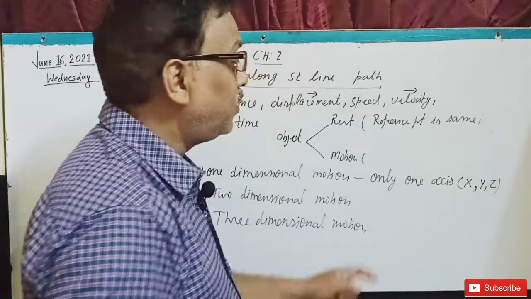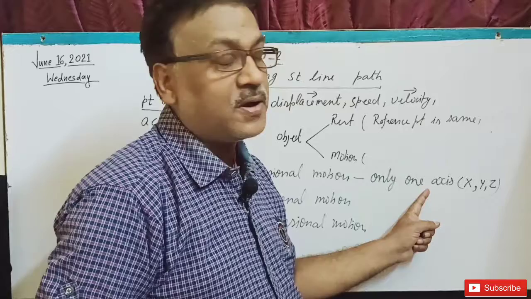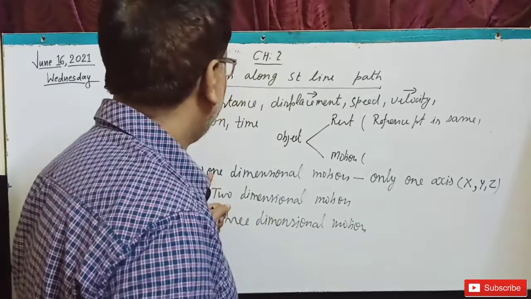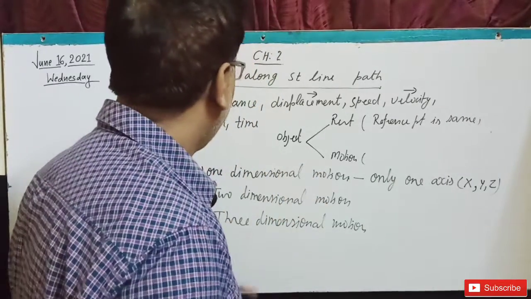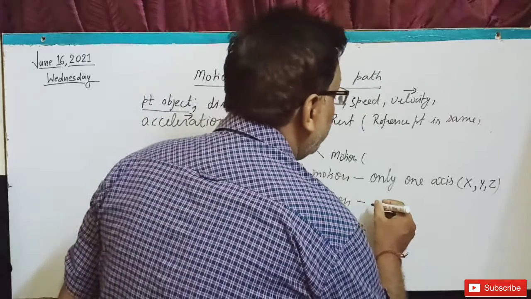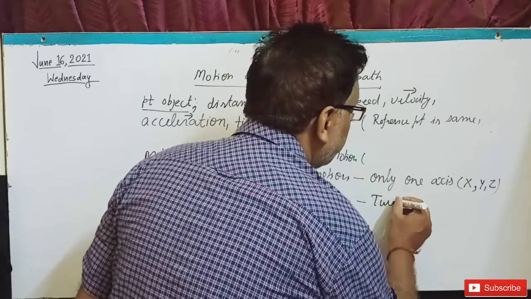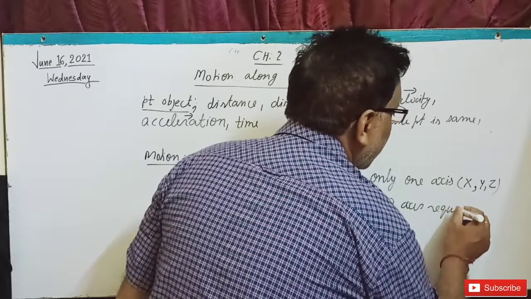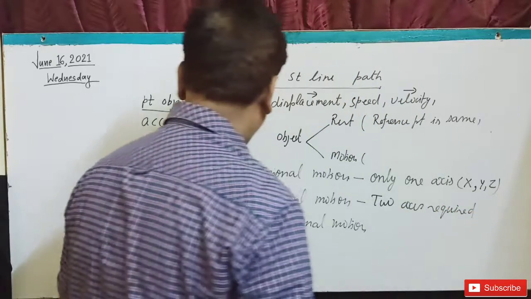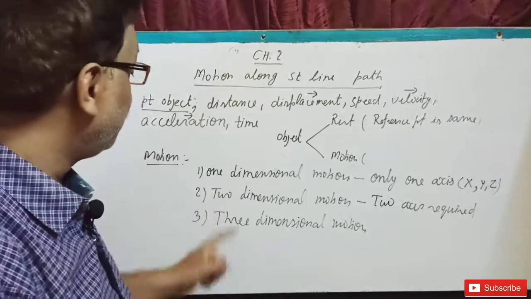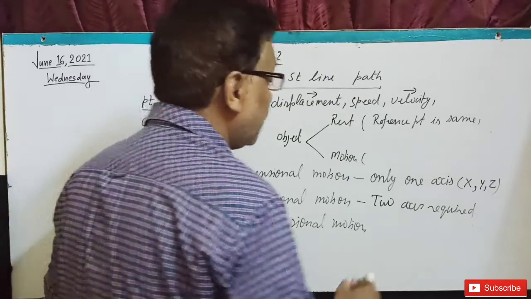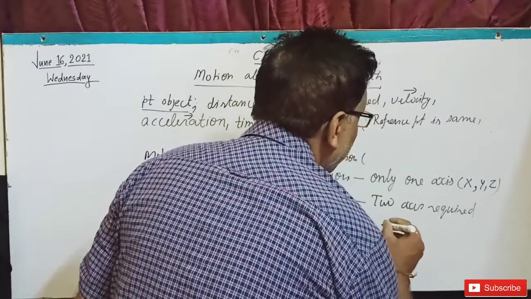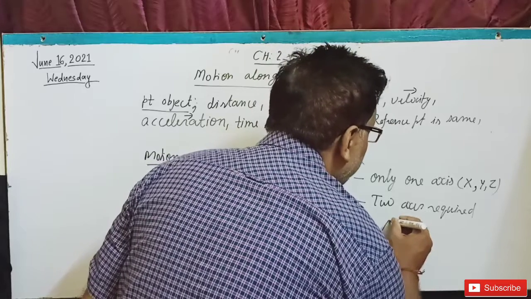So we need only one axis for the motion, then this motion is called one-dimensional. When two axes are required, then it is called two-dimensional motion. And three-dimensional motion requires all three axes.